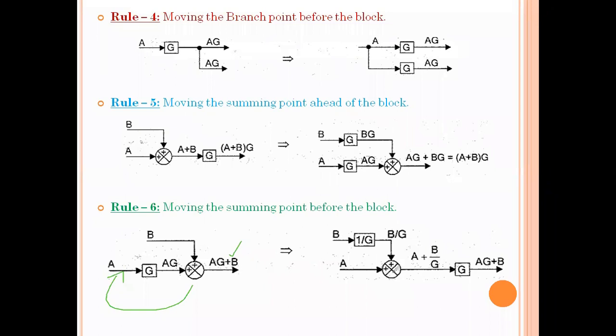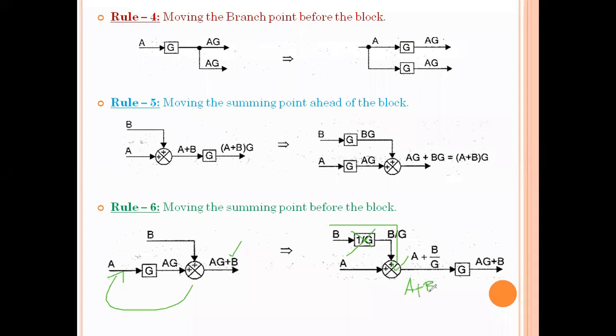Okay. So if the B and A both signals are given directly, forget this block. Directly B is given here. You can assume directly B is given and A is given like this. So A and B will be added here. We will get A plus B, right?